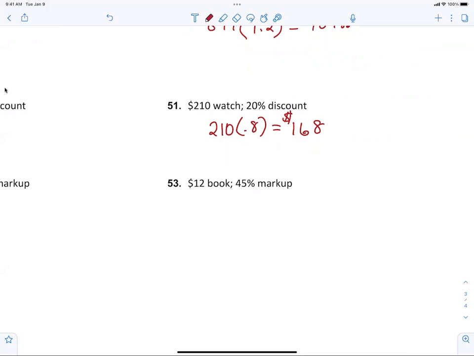It'd be 12 and 1.45. What do I do with the 12 and 1.45 though? You times it. That's correct. Very good, girl. Which is $17.40. Yeah. All right, I'm pretty happy with that.